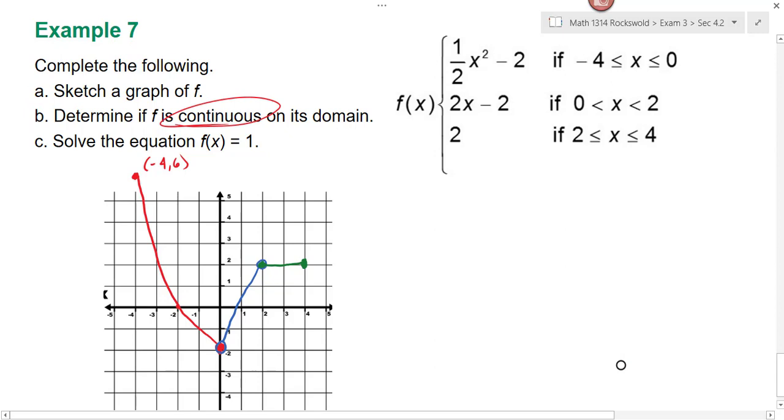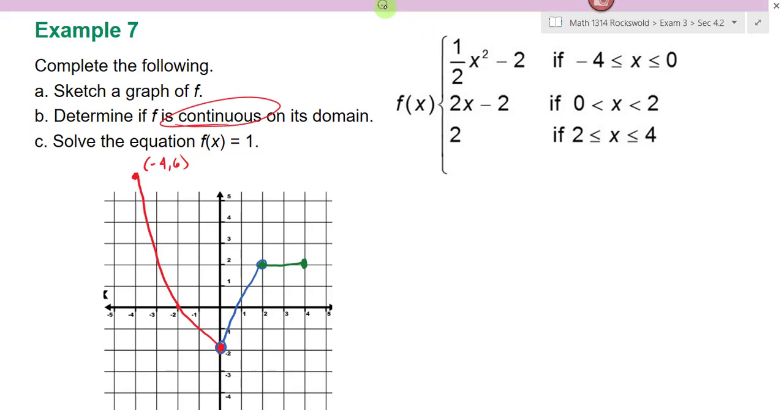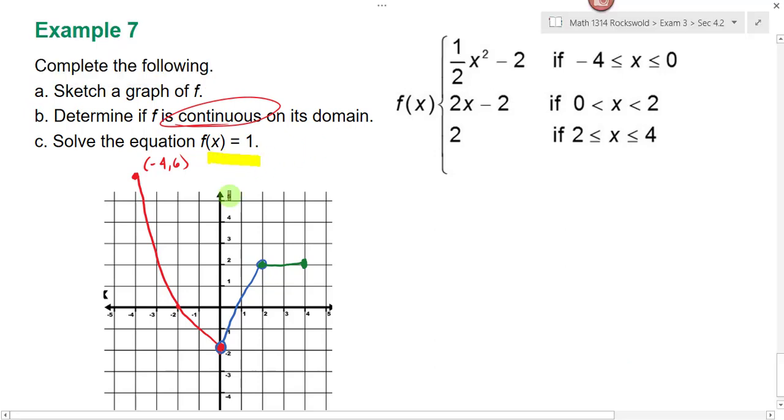Part C asked me to solve the equation f of x equals 1. So if I just draw a horizontal line here at f of x equals 1, I see that I'm going to have 2 points where the equations are the same. In order to find those points of intersection, all I've got to do is set the red function equal to 1 and then set the blue function equal to 1.